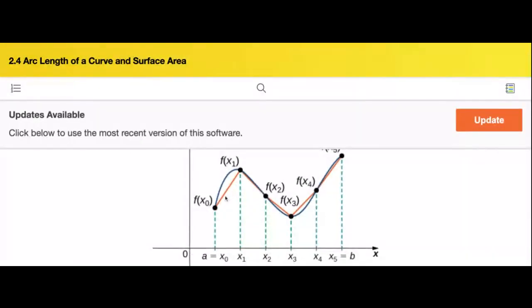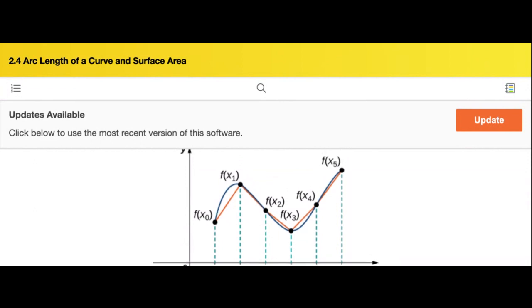How many right triangles can we make? Let's say we want to find the arc length from x naught to x5. We can cut this into pieces, in this case 1, 2, 3, 4, 5 pieces.